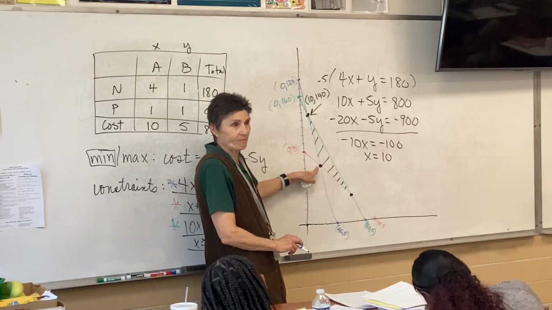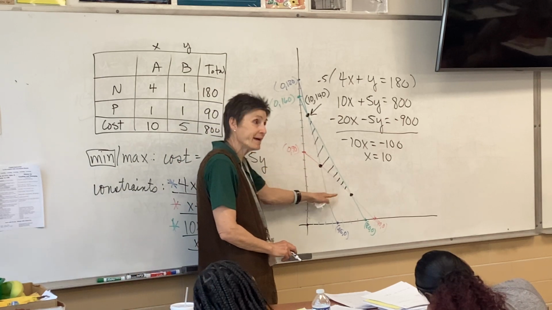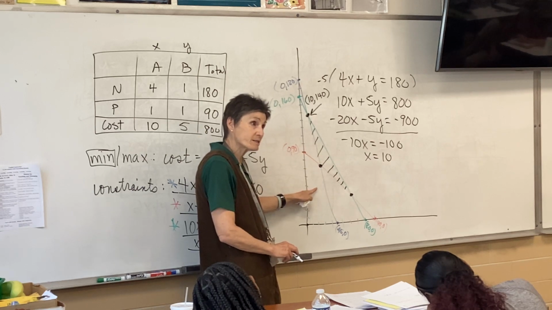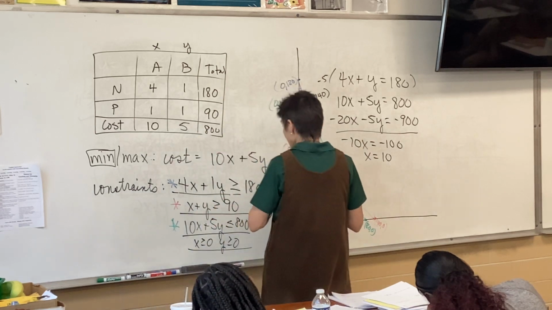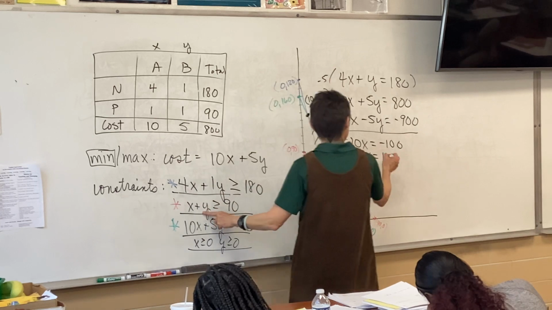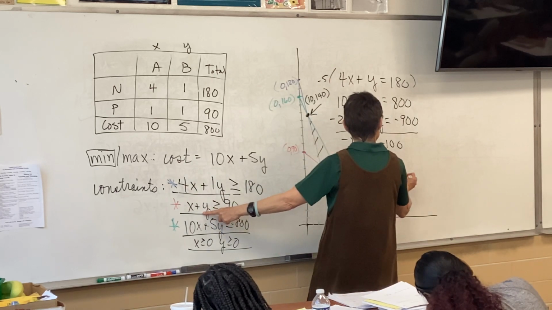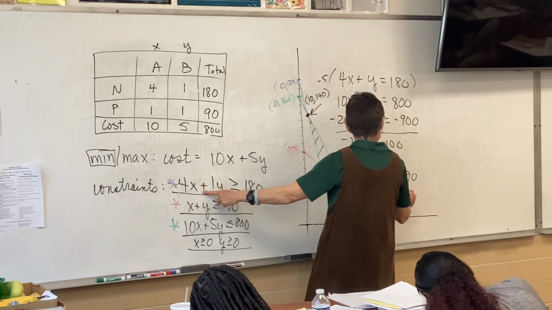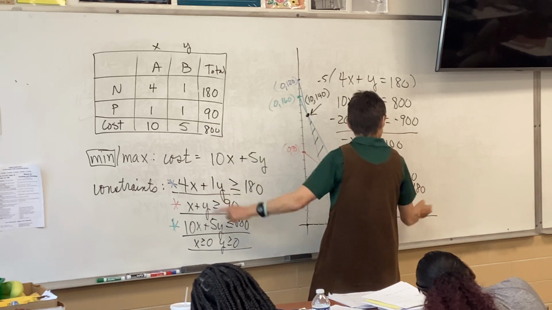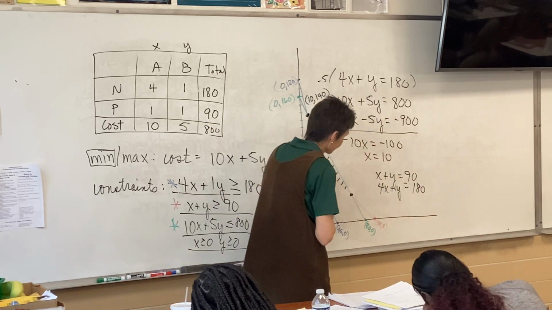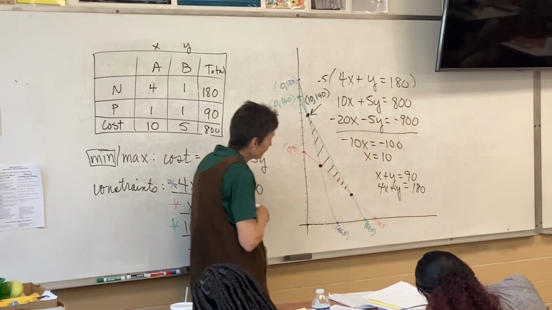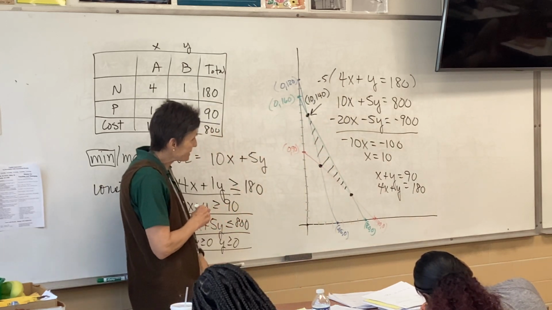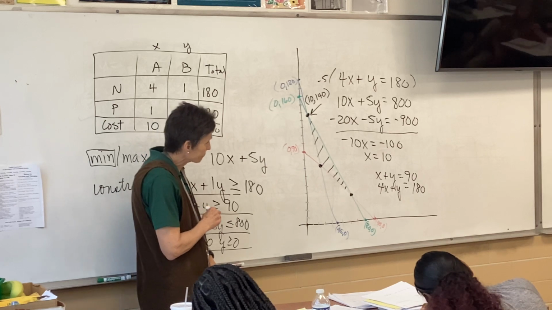Only now we're going to find where the red and blue cross. This is where I like color coding. So red is x plus y equals 90. And blue is 4x plus y equals 180. Well, that one's kind of easy to eliminate.